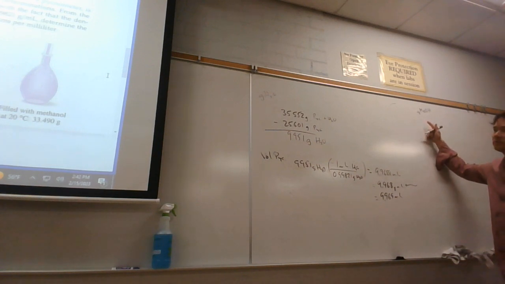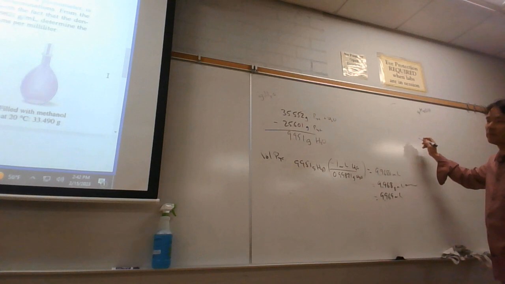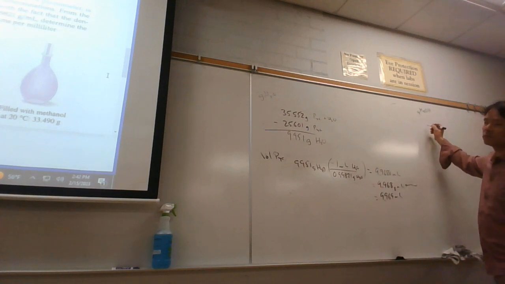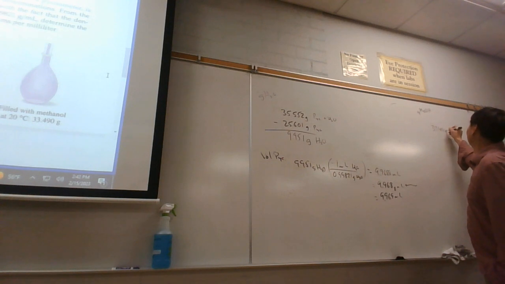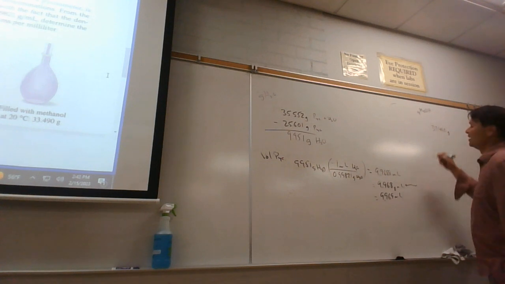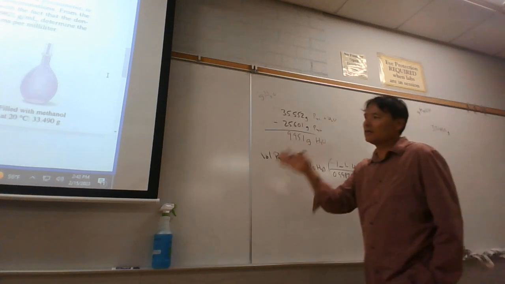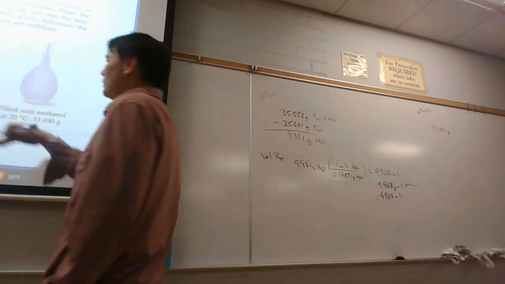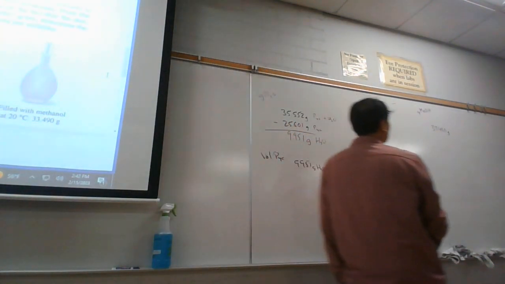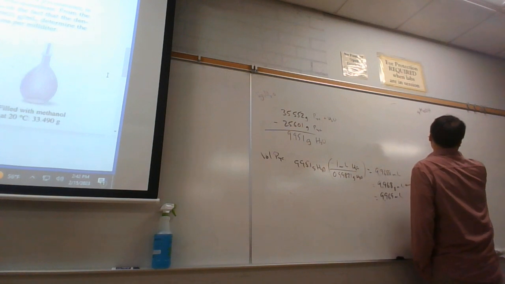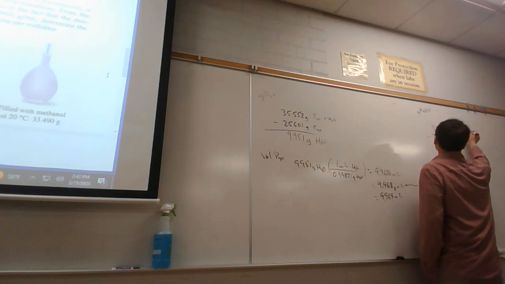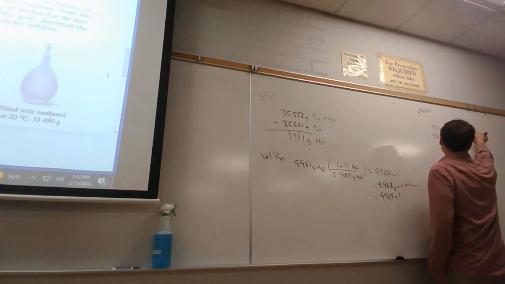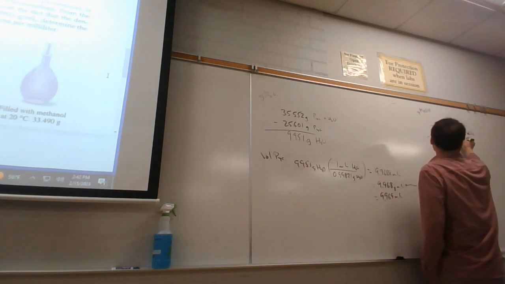But we can figure out the grams of methanol by taking the grams of the picnometer with methanol, which is 33.490 grams. When it's addition and subtraction, I like to line up the decimal places so I can see. Minus 25.601 for the picnometer. So this is the pic and methanol, which I abbreviate MeOH, and this is just the pic.